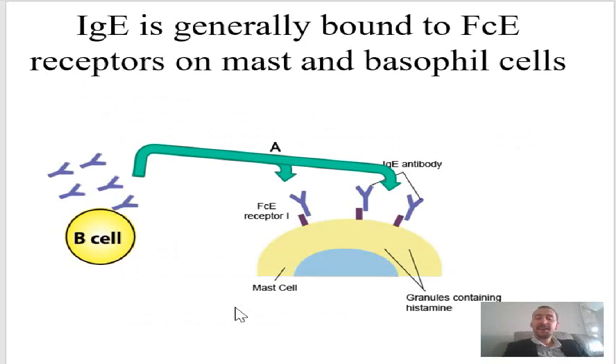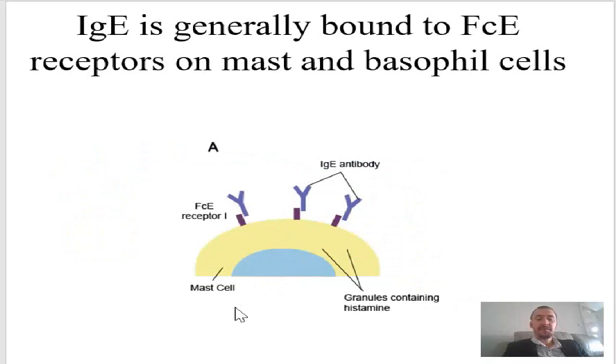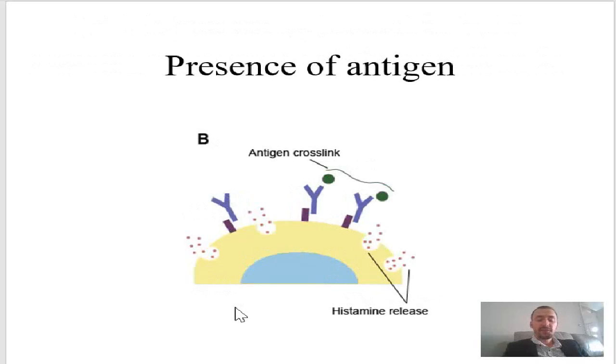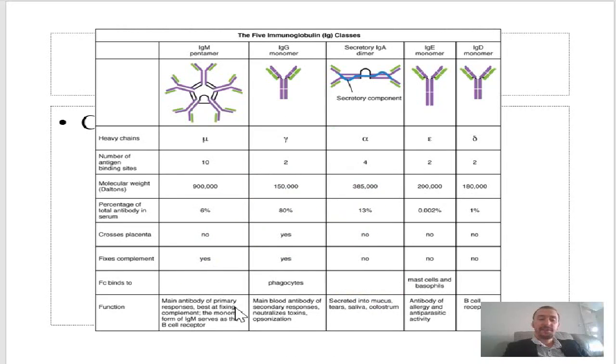IgE binds to mast cells upon release, as I covered earlier, and subsequently, when antigen binds to these IgE on the mast cells, you get cross-linking, and that causes mast cell degranulation and activation of complement.